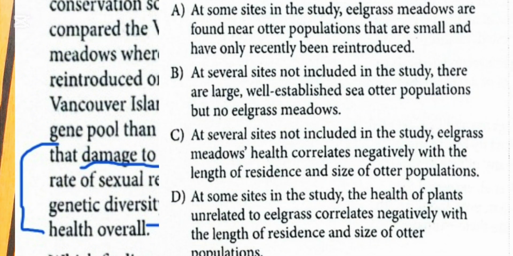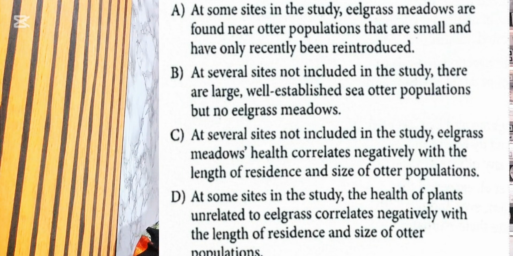Option A gives us, at some sites in the study, eelgrass meadows are found near otter populations that are small and have only recently been introduced. Now we have the idea of the otter population being small, so I'm thinking the smaller the number, the less damage it will possibly cause. And of course, the idea of damaging the health, affecting the health negatively, is not stated here.